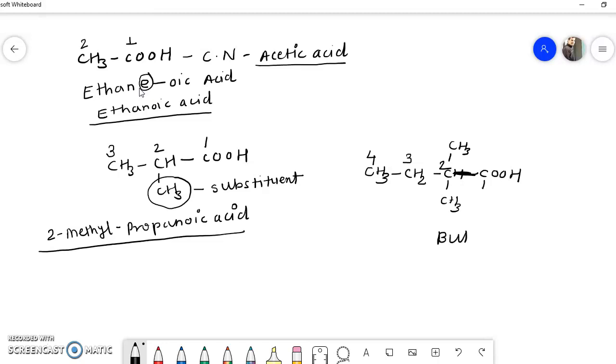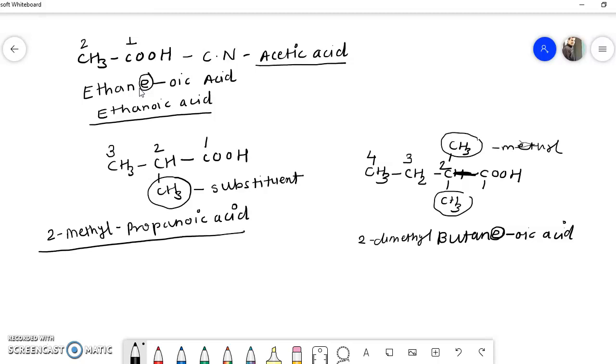We'll replace the E of butane by OIC acid. Now these two groups are the same. These are methyl groups, so these are the substituents. So we'll write 2,2-dimethylbutanoic acid. This will be the complete name of this structure.